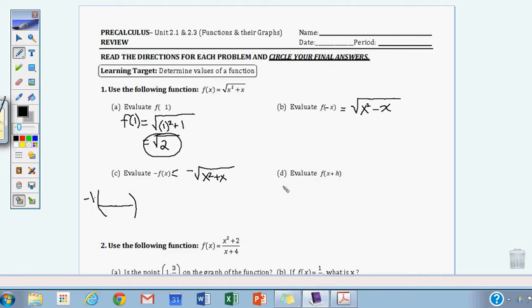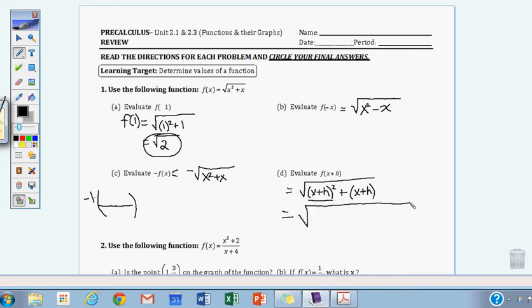All right, this one here. A little bit of algebra simplification here. This is going to be equivalent to the square root, and that x literally turns into x plus h. So we replace it: we have x plus h quantity squared, and then the x at the end also turns into x plus h. Now we have to expand this binomial.